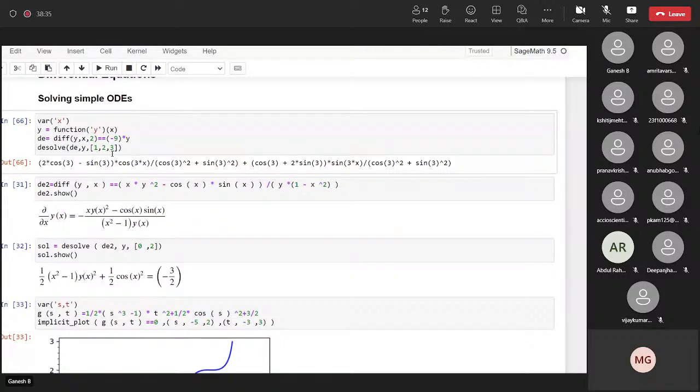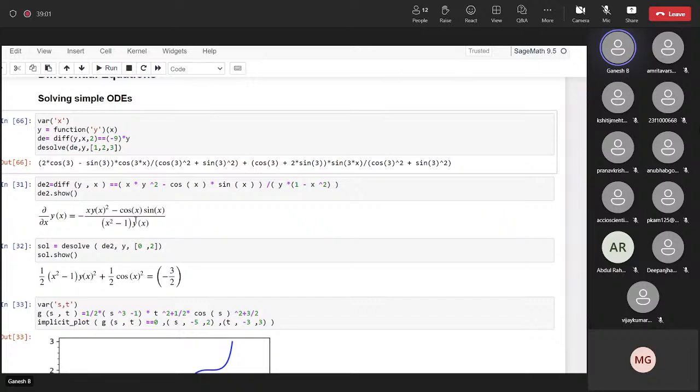So keep in mind, order is really useful, and it helps you identify the number of initial conditions that you need. A second order differential equation needs two initial conditions, and that's what you have passed here as a list. Again, solve takes your differential equation, what you're solving for, and the initial conditions. If you don't mention the initial conditions, it will throw you the output in terms of constants, and that's very useful.